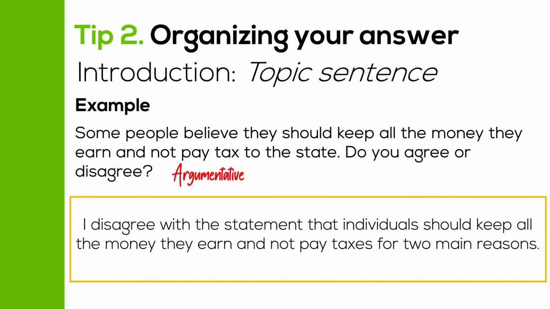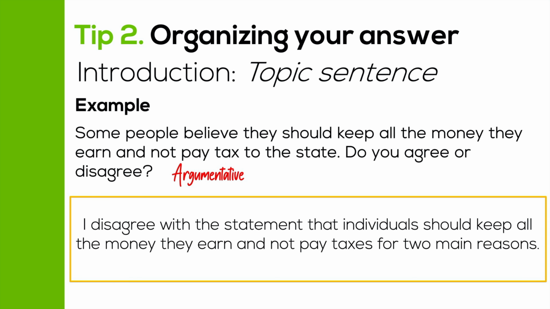So this is what I wrote. I disagree with the statement that individuals should keep all the money they earn and not pay taxes for two main reasons. So, do you think this is a good topic sentence? I think it's pretty good for two reasons. Firstly, I told the reader exactly what the paragraph is about.